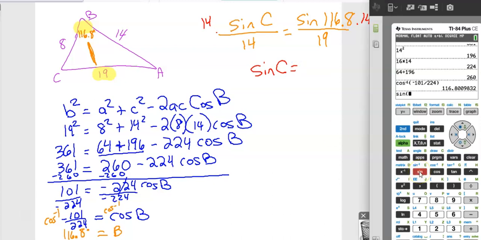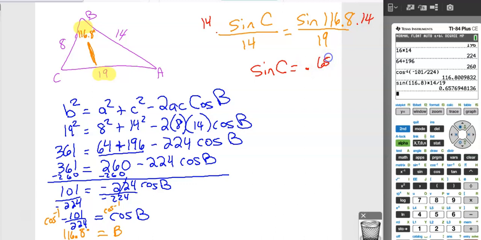So the sine of 116.8, times 14, and I'm going to divide that by 19. So I'm going to get that answer, 0.65. Now on my paper, I'm just going to round it, 0.658.